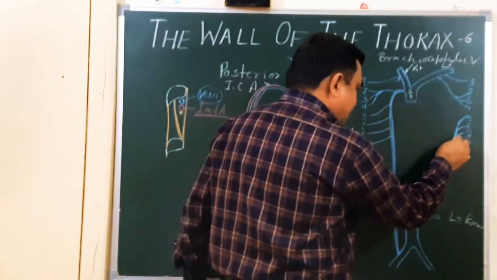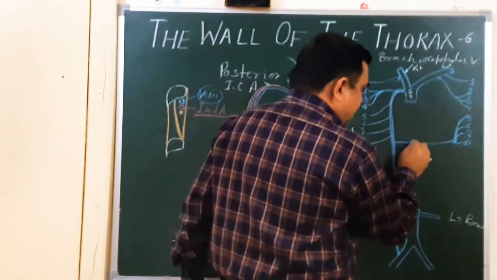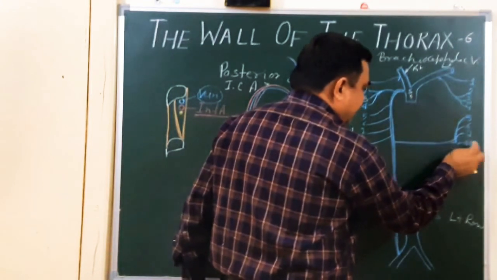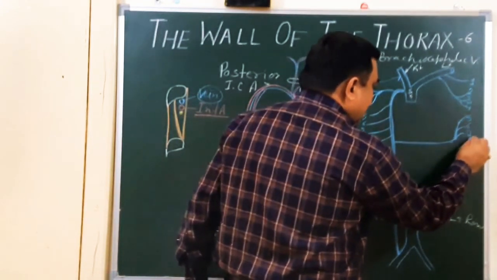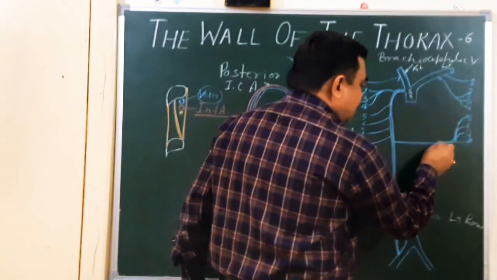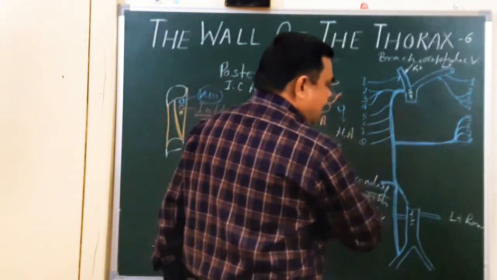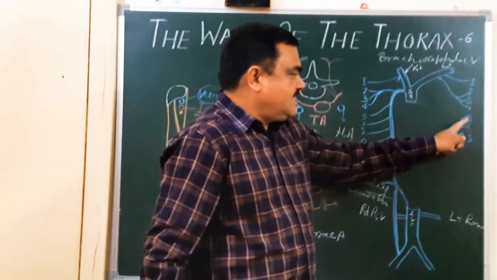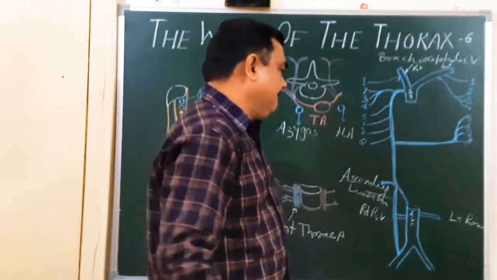This is accessory hemiazygos vein, which ultimately drains into azygos vein on right side.